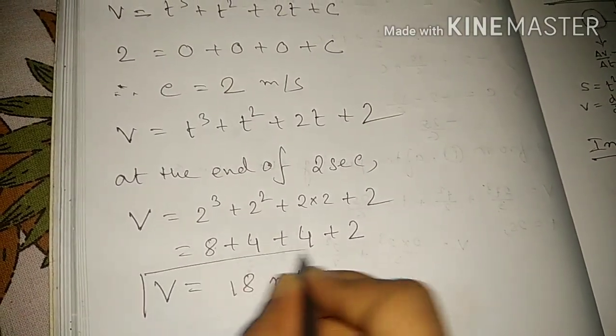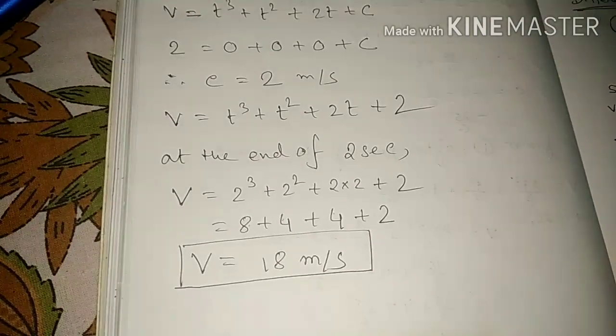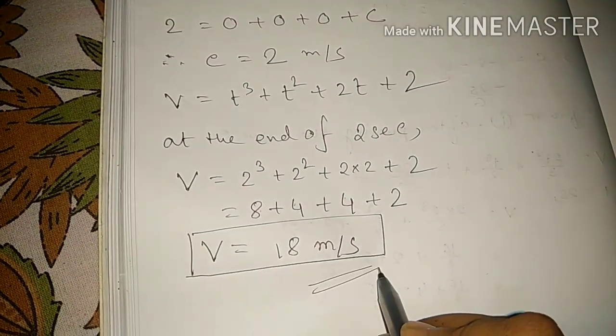So at the end of 2 seconds, the velocity of the body is 18 meters per second. Understood?